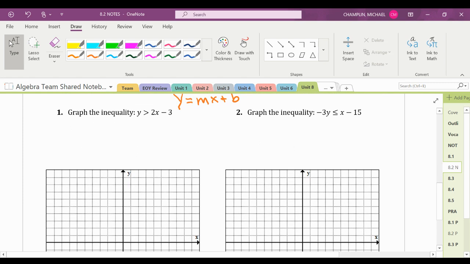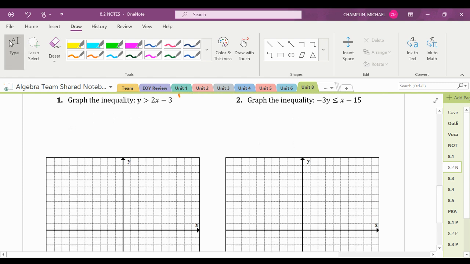So this first says, graph the inequality of y greater than 2x minus 3. Notice my m value, my slope, is 2, or in other words, it's going to be 2 over 1, right? And my b value, or my y-intercept, is going to be negative 3. So that's my starting point.